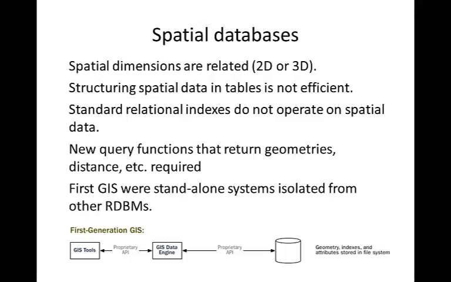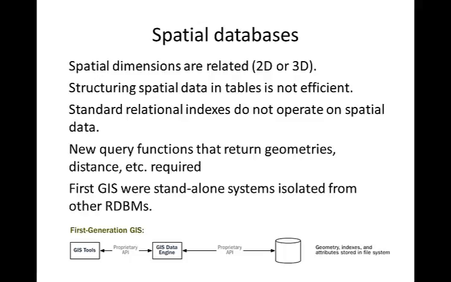So what companies like Esri did was they created their own special spatial database specifically designed for storing the spatial information. So it had geometry, it had spatial indexes, and it also stored attributes associated with the geometry. That was in a special database, and then they built software that sat on top of that database and talked to the database.